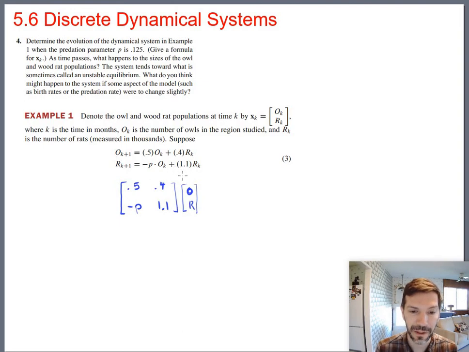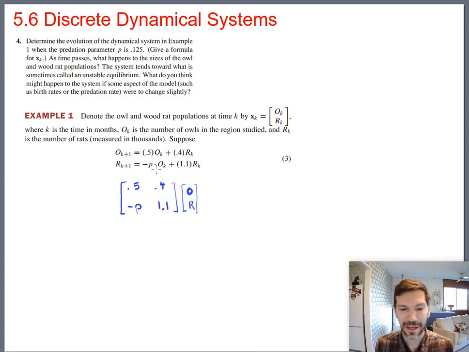The rat population, on the other hand, just the rats, 1.1, so they reproduce on their own, right? A lot faster than the owls do. Each owl produces like half of another owl on its own, and the rats produce 1.1, so their population grows a lot faster. But they are reduced by the size of the owl population with this P, this predation.